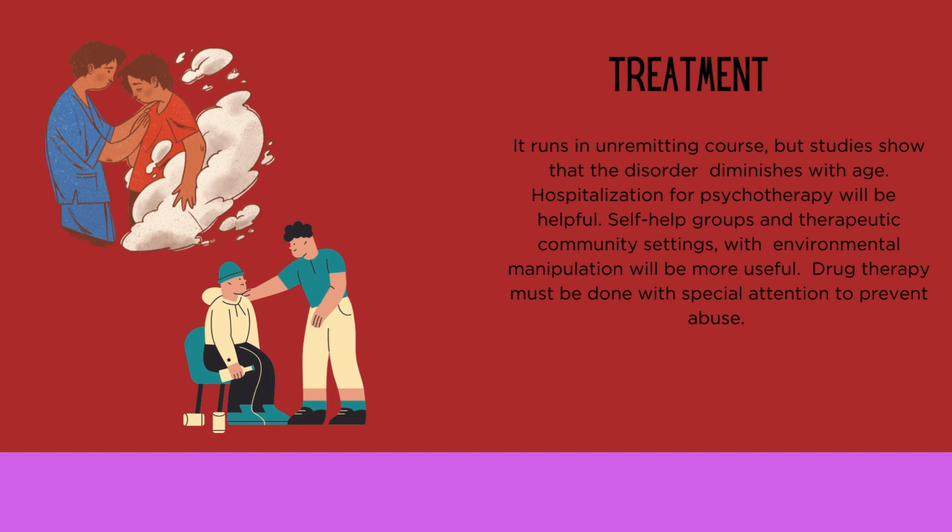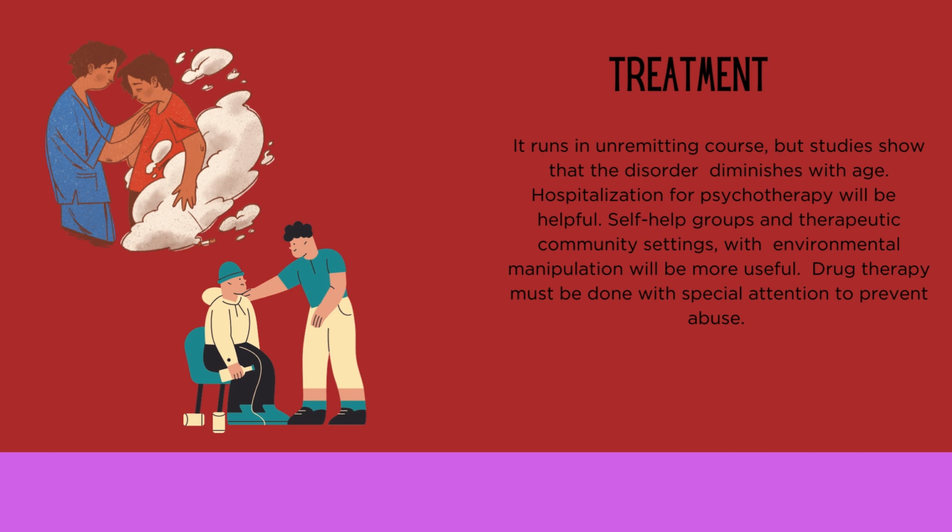So, the treatment of this disorder. It runs an unremitting course, but studies show that the disorder diminishes with age. Hospitalization for psychotherapy will be helpful too. Self-help groups and therapeutic community settings with environmental manipulation will be more useful.